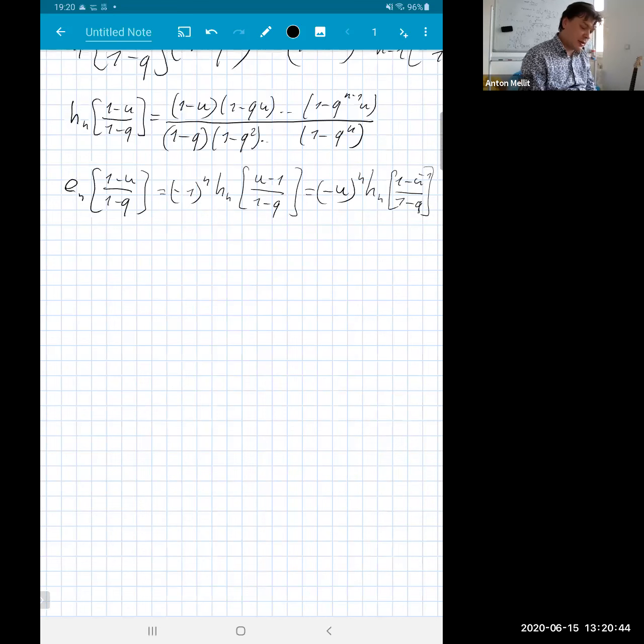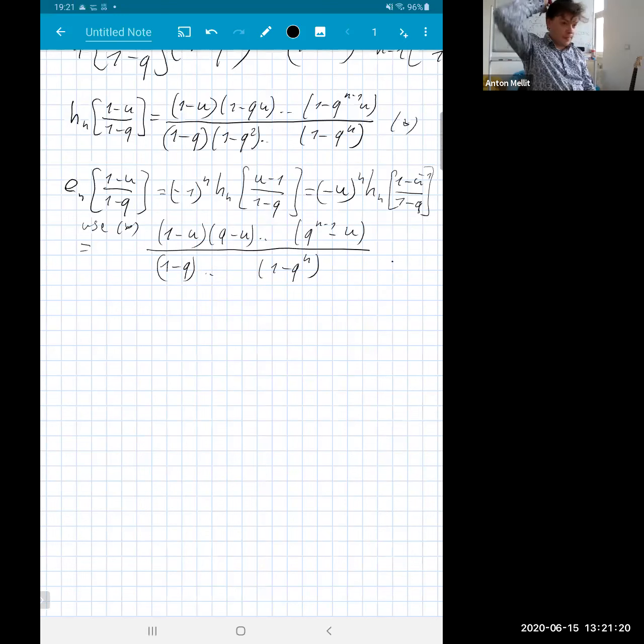And now u inverse is again a line element, so you can use the formula. I have to substitute u inverse and then multiply by minus u. So you get (1 minus u)(q minus u) up to (q to the n minus 1 minus u), and the denominator is the same. Okay. So you have this.